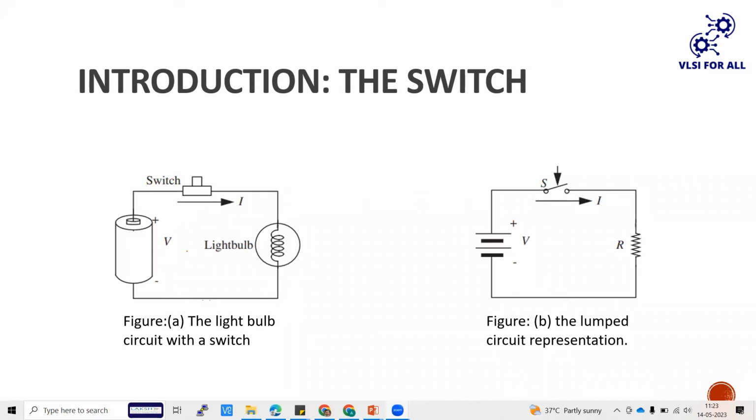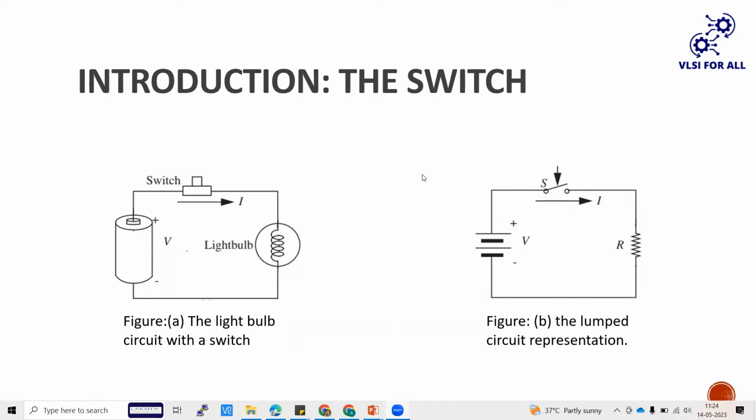Team, in the same way, you can see the VI characteristics.